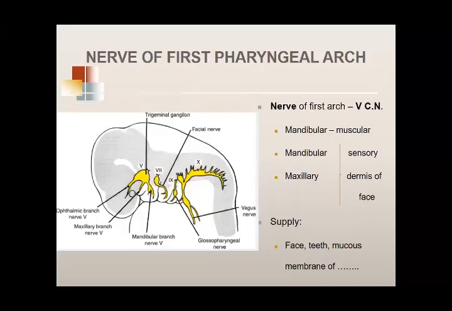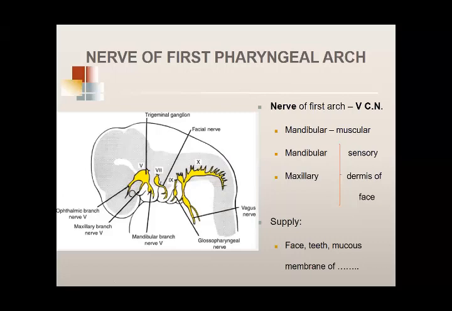Nerve of the first arch. Remember, the nerve of the first arch is the 5th cranial nerve. Basically, it is the mandibular nerve. The nerve of the first arch is the mandibular nerve. You remember the mandibular was a branch of the trigeminal nerve, and it had both a motor component and a sensory component.